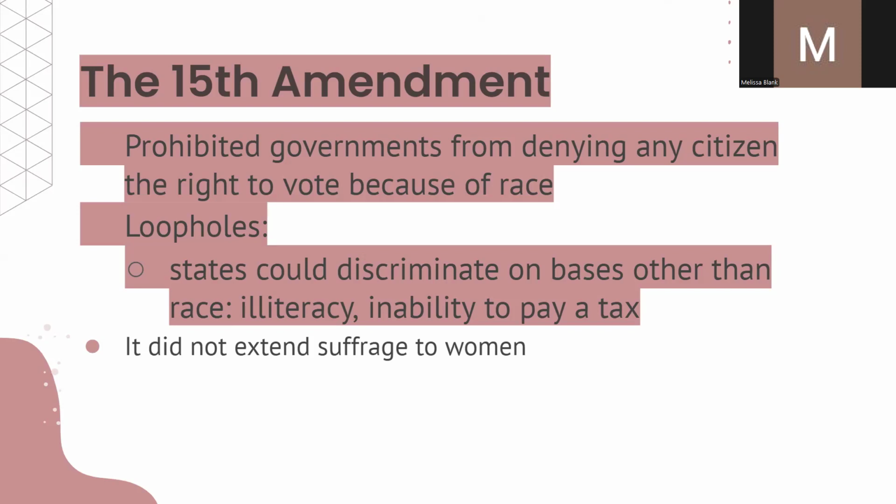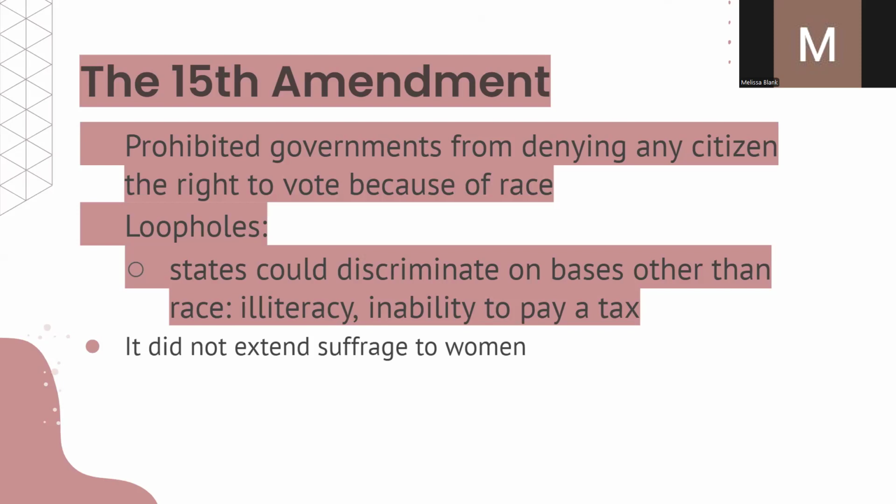It's saying, okay, South, we realize what you've been trying to do, and you can't do that anymore. It's illegal. The only problem with it is it's not specific enough, so there were loopholes. States could discriminate on a basis other than race. So let's say I know that this formerly enslaved person, now this free man, never went to school because he used to be enslaved.